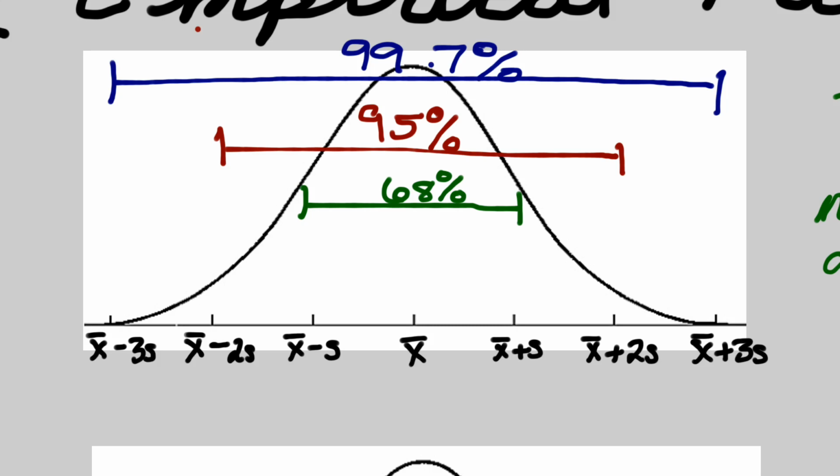So if the data set is normally distributed, 68% of the data is within 1 standard deviation of the mean, 95% is within 2 standard deviations of the mean, and 99.7% is within 3 standard deviations of the mean.